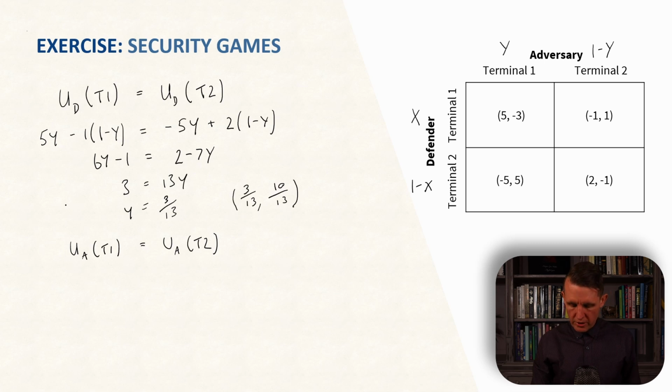The expected return of attacking Terminal 1 would be minus 3 times x plus 5 times 1 minus x. The expected return of attacking Terminal 2 would be 1 times x plus minus 1 times 1 minus x.